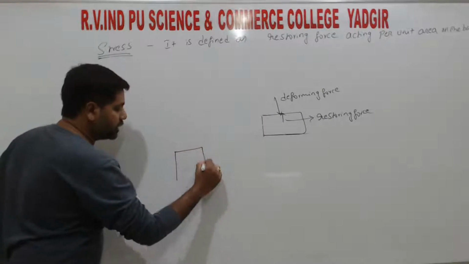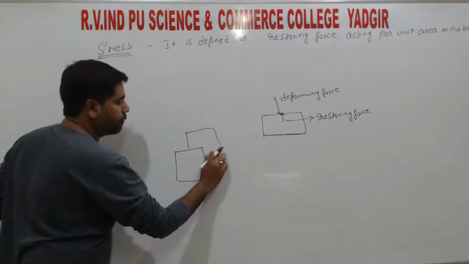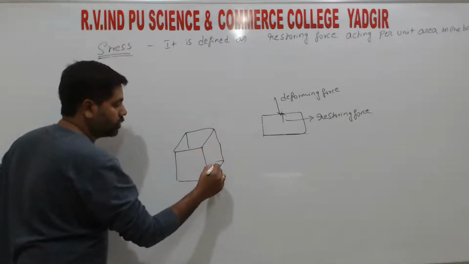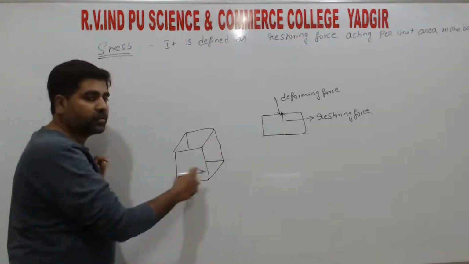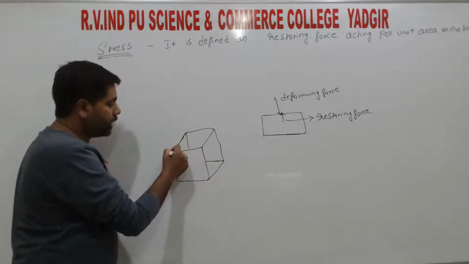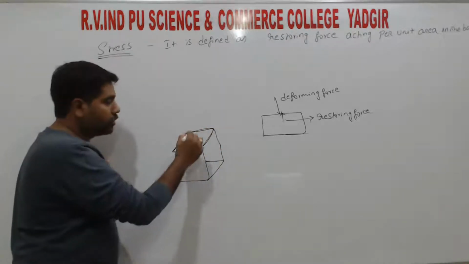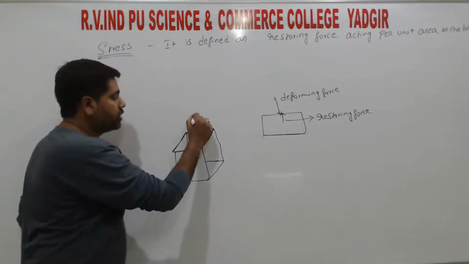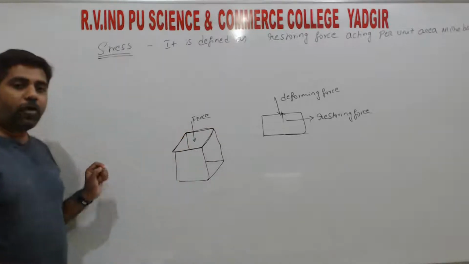If we consider a cube, here we have 6 faces. We take this as the area, and the force is acting onto this area. This force is the deforming force.